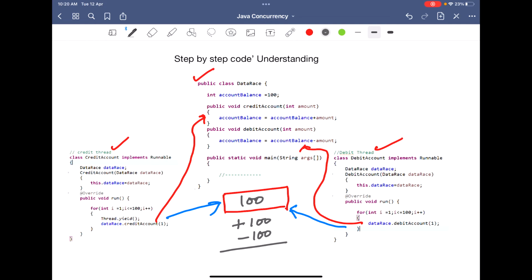So the net effect should be that the 100 cancels out. So our assumption is that the account balance value should not change after the execution of the credit account thread and debit account thread. Now let us see whether this happens or not in Eclipse.